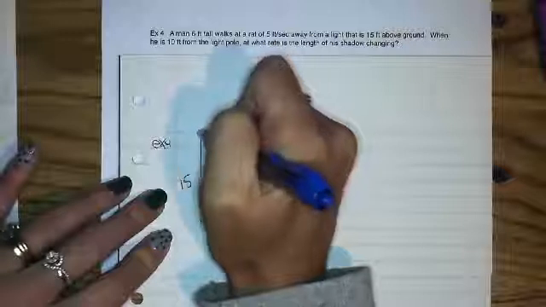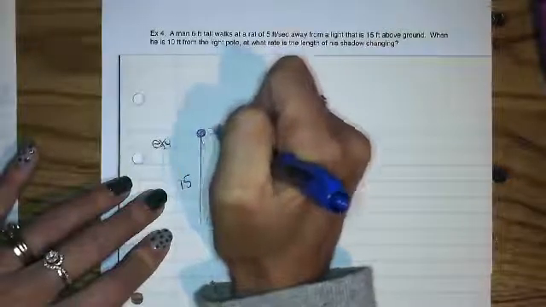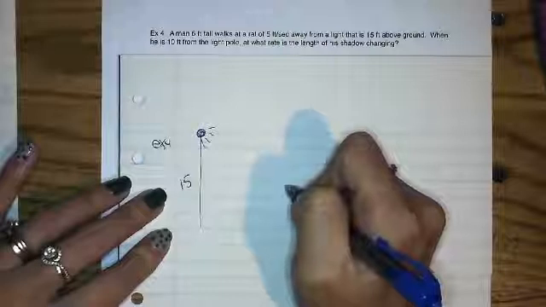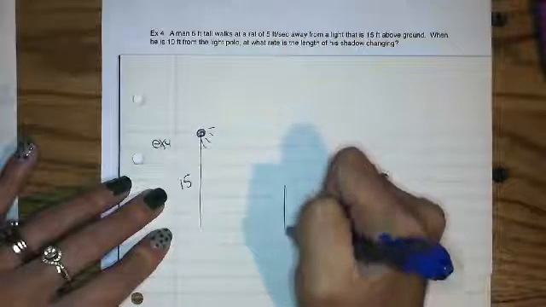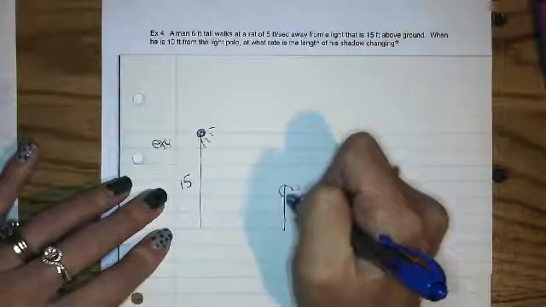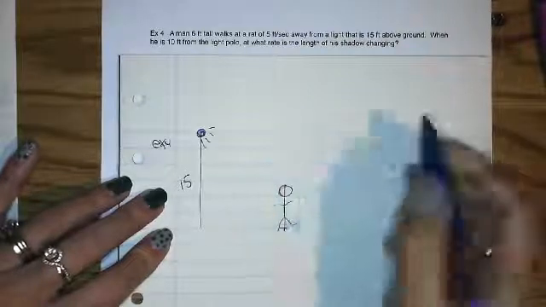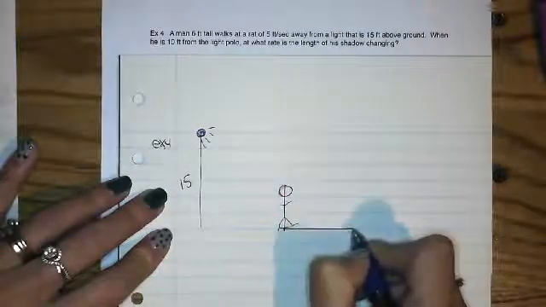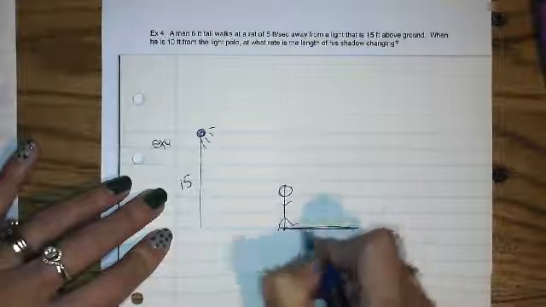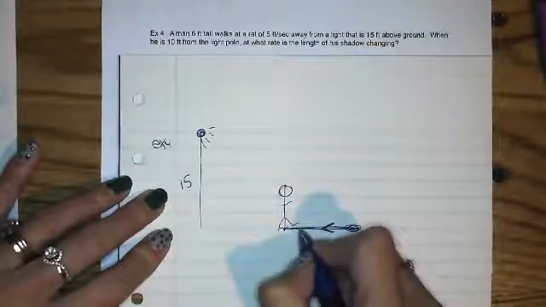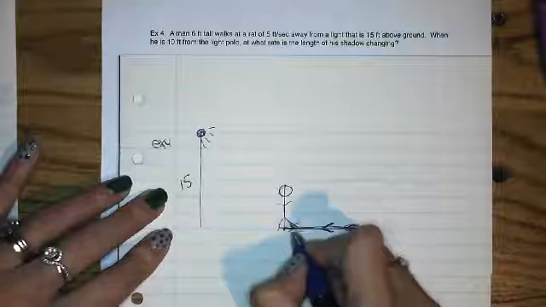So here we go. So drawing a picture, we've got the light pole. That is a constant 15 feet tall. It's not going to change. The light at the top shining. And we've got our 6 foot tall man with his shadow on the ground.